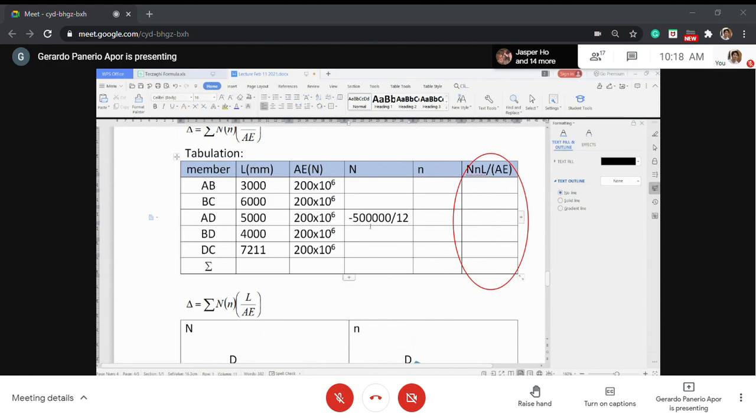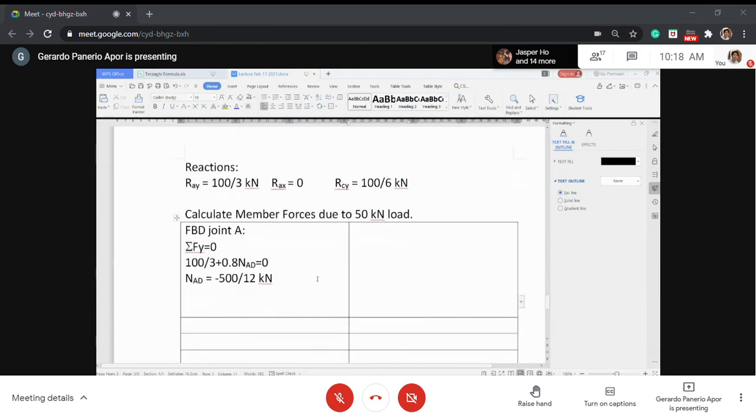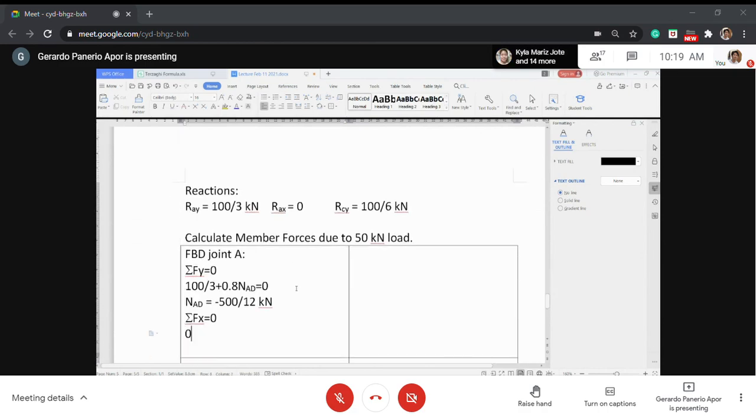Now, I am not going to solve all of that, so I will just go up to summation of forces X. So I will have 0.6 N_AD plus N_ED equals to 0.